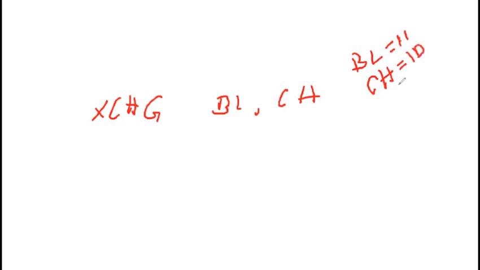Is that clear, guys? We are going to change the value. The value for CH will go to the BL and the value for the BL will come to the CH. Is that clear? Yes, sir.